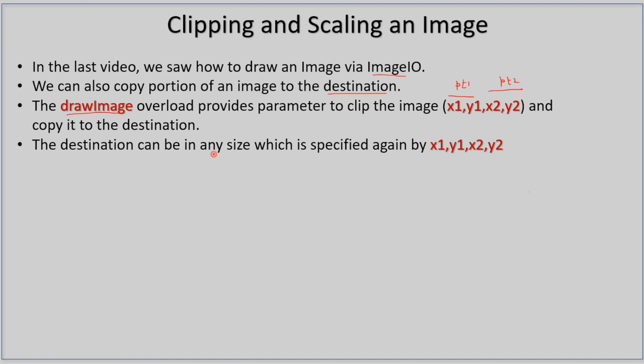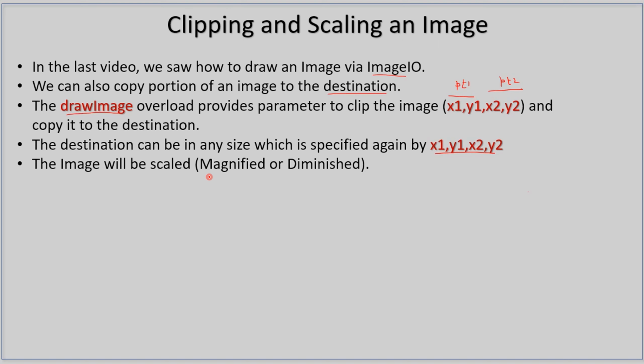The destination can be any size, which is specified again by x1, y1 and x2, y2. So this way you can perform scaling, we can say upscale or downscale, or we can say zoom in or zoom out of an image, by reducing the destination size, or by increasing or decreasing the clipping region.